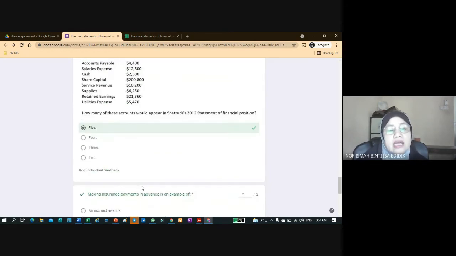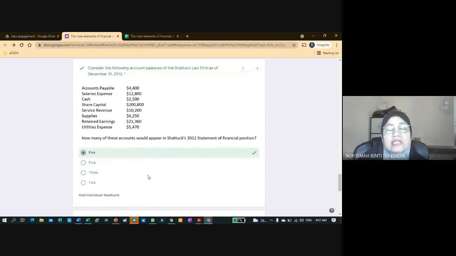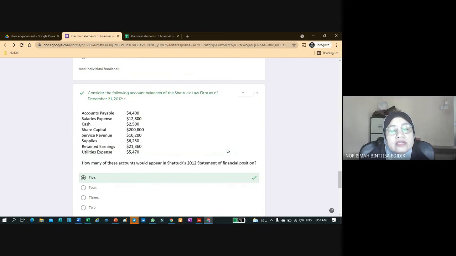Yeah. Okay, now how many of these accounts will appear in the statement of financial position? So you must classify, kena identify which ones are related to assets, liability and equity. So payable is a liability, expenses is an expense, cash is an asset, so 1, 2.